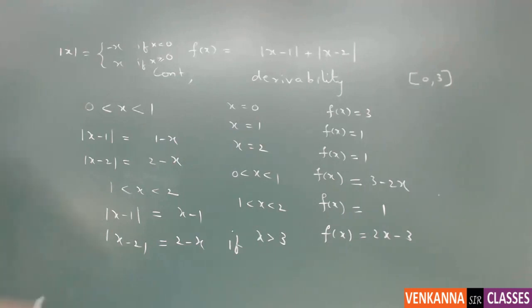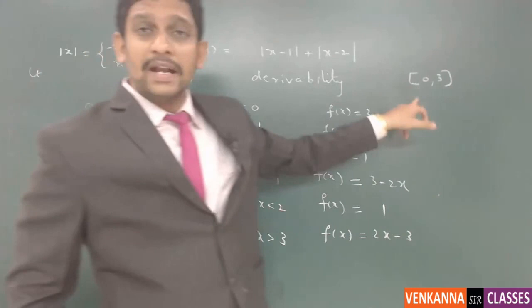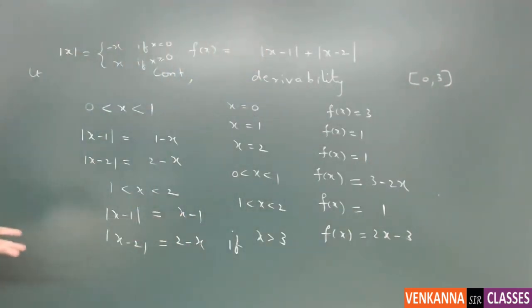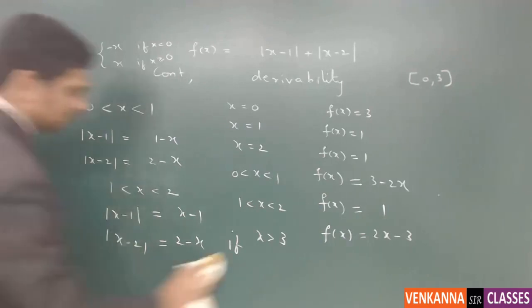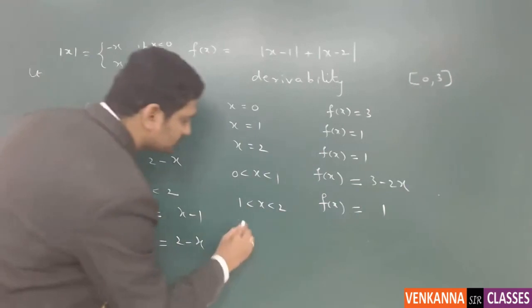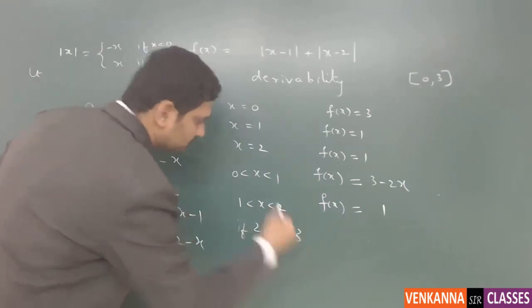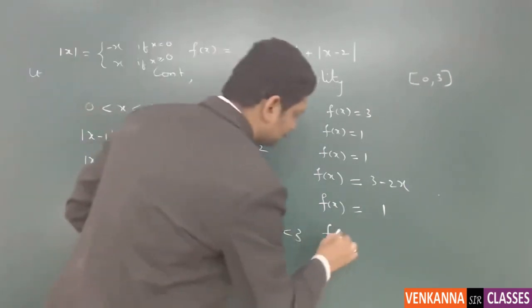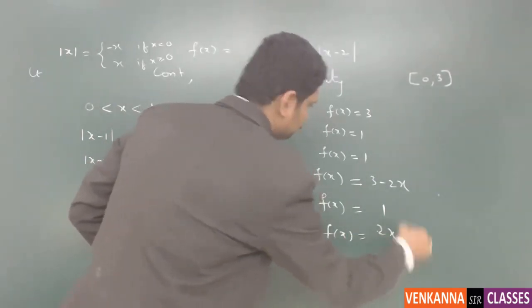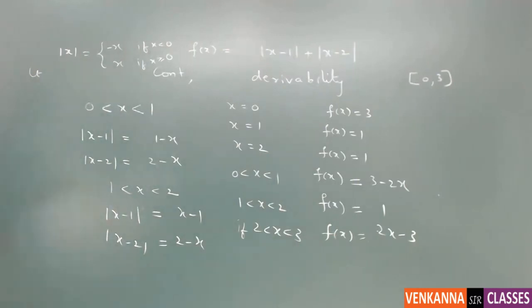Since we are calculating limits and differentiabilities over the interval, yes, we take 2 to 3 also. Okay. Apart from this, we can simply take it like this, since we are not going beyond the interval.